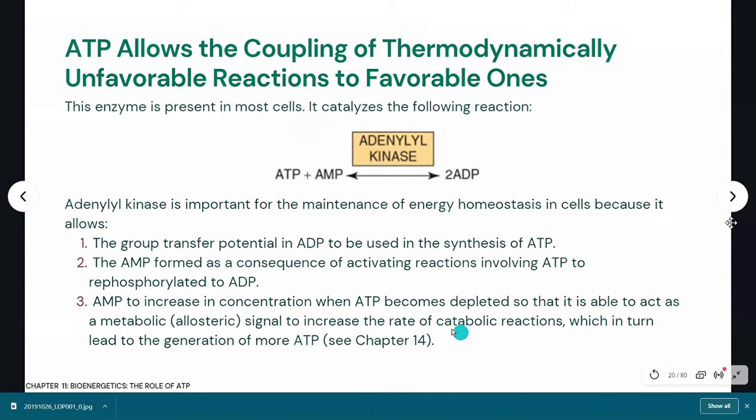Remember, catabolic reactions release energy that is captured in the form of ATP. The opposite is anabolic reactions, or uphill reactions. Anabolic reactions require ATP so that anabolic processes will proceed.